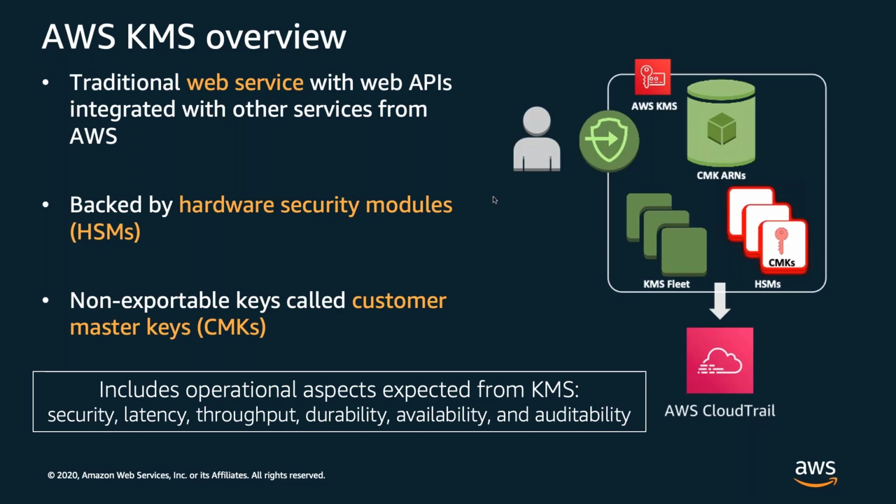It also includes operational aspects as you'd expect from KMS, which is around security, durability, availability, auditability, latency, and throughput. So you can create multiple CMKs, each represented by its key ID. You can define access controls on who can manage and or use CMKs by creating a policy that is attached to the key.